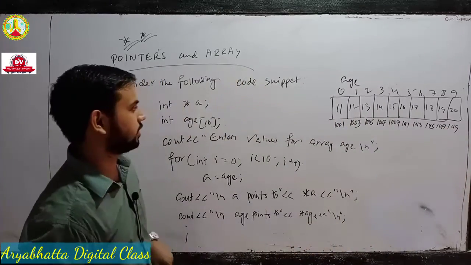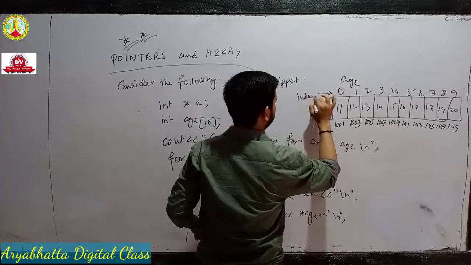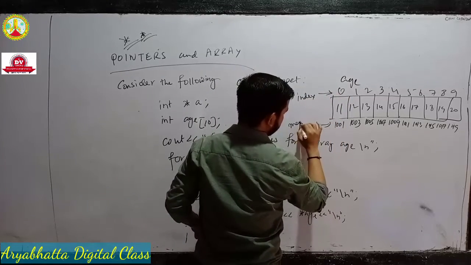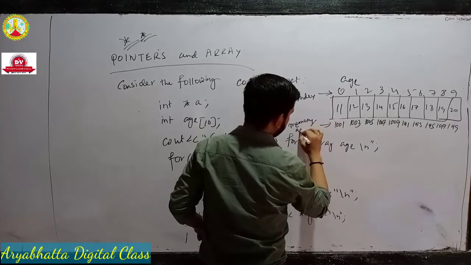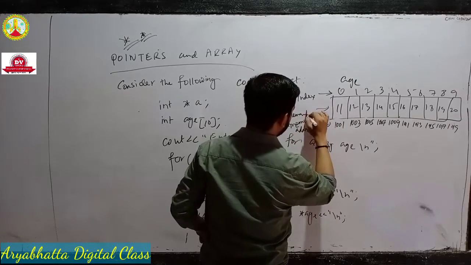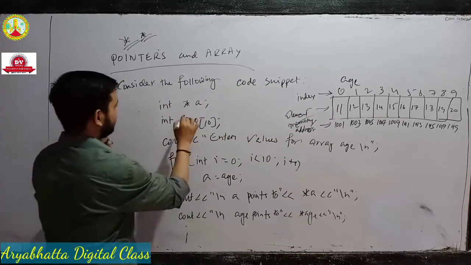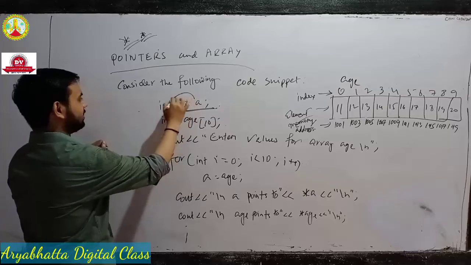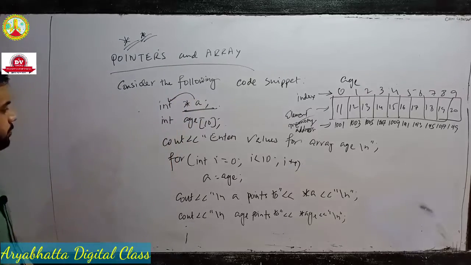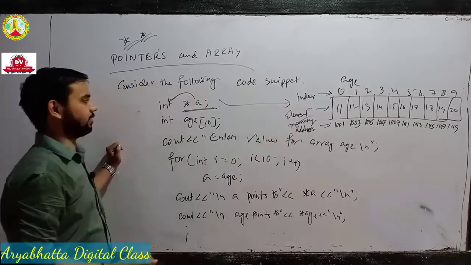Suppose, okay? And this is the index, this is the memory address, and this is the element. So, you see, *A is an integer pointer which points to the memory address of the array.